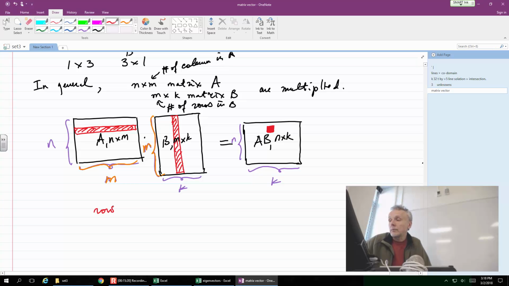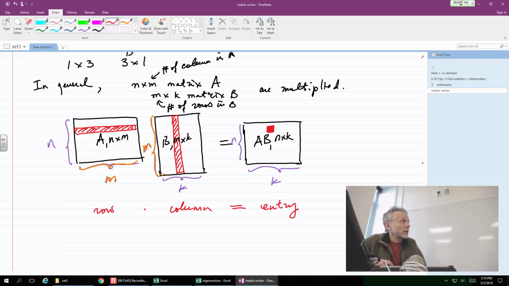So row, column, and entry. A single row and a single column produce a single entry.